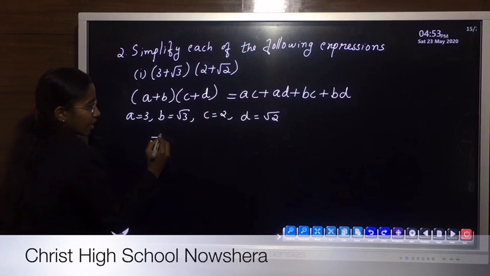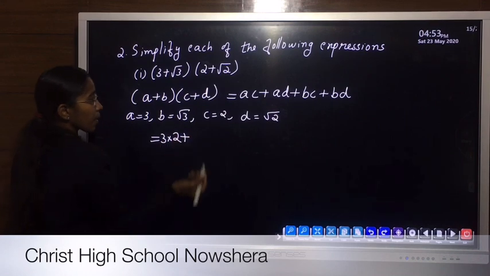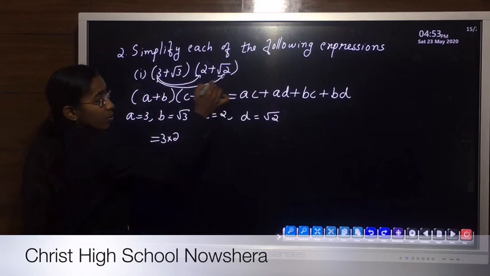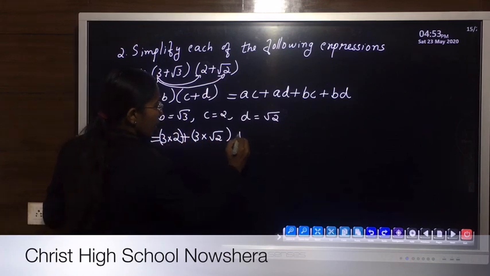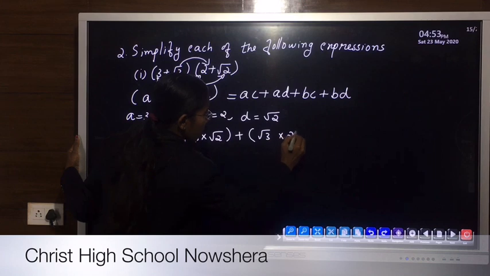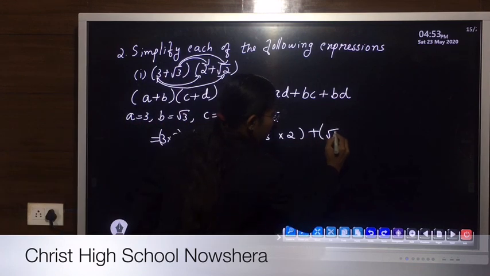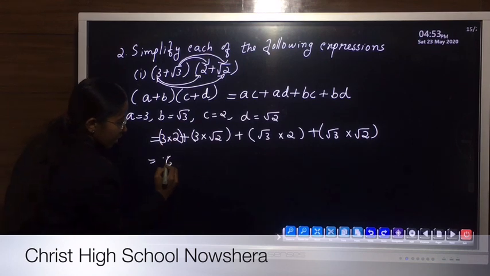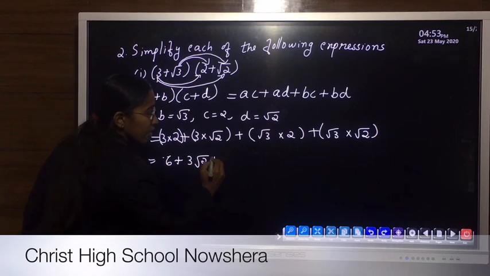AC means A is 3, 3 into C, here 2. 3 into 2 plus, next 3 into root 2, 3 into root 2 plus, next root 3 into 2, root 3 into 2 plus root 3 into root 2. 3 into 2 is 6, plus 3 into root 2 means that is 3 root 2.